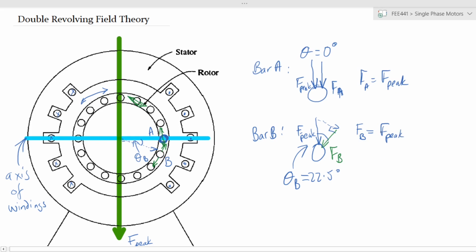It is F peak times the cosine of theta. Therefore, FB is equal to F peak cos 22.5 degrees.